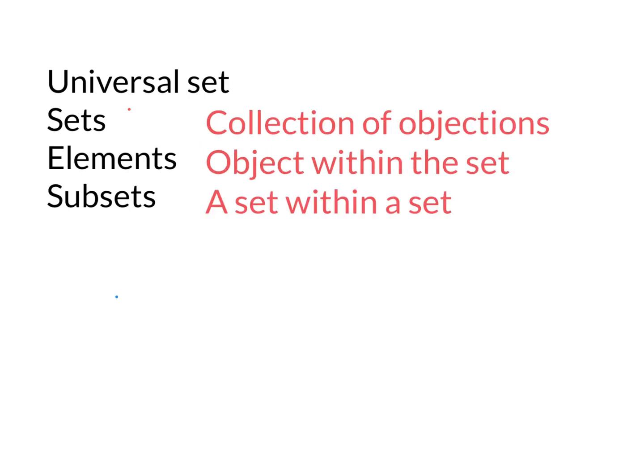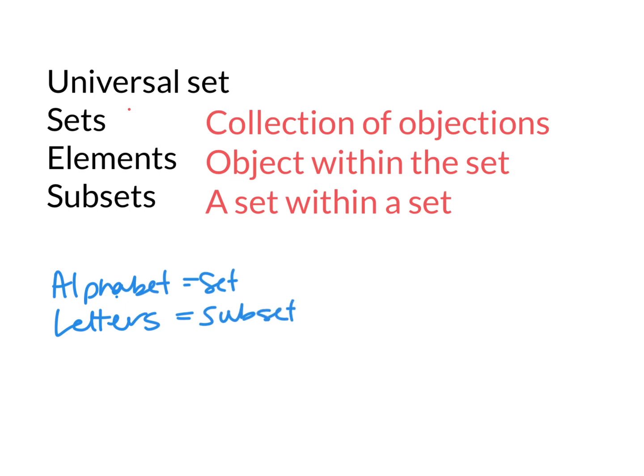All right, so the best example I can give you, just kind of real world and not talking about math for a second, would be if we talked about the alphabet. The alphabet itself would be the set. The letters within the alphabet would be the elements.